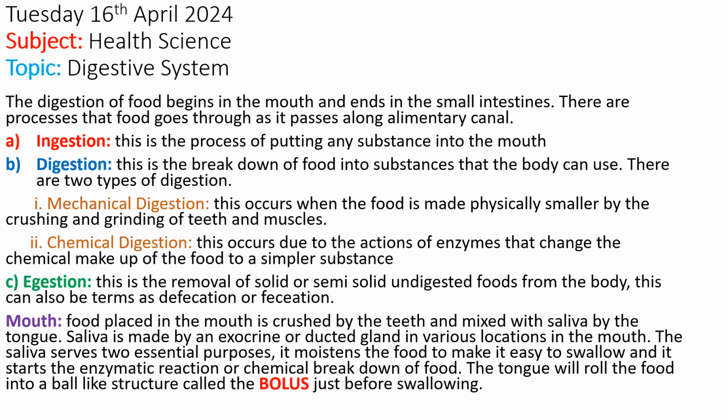The saliva serves two essential purposes. It moistens the food to make it easy to swallow, and it starts the enzymatic reaction or chemical breakdown of food. The tongue will roll the food into a ball-like structure called the bolus just before swallowing.